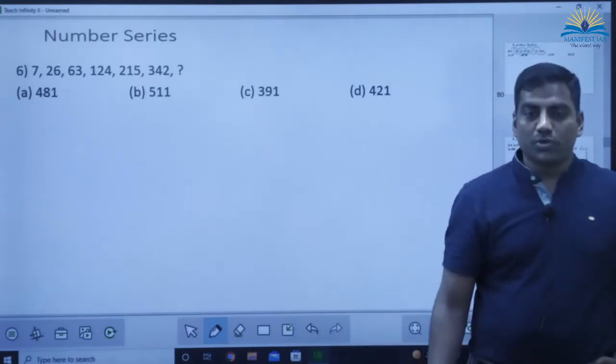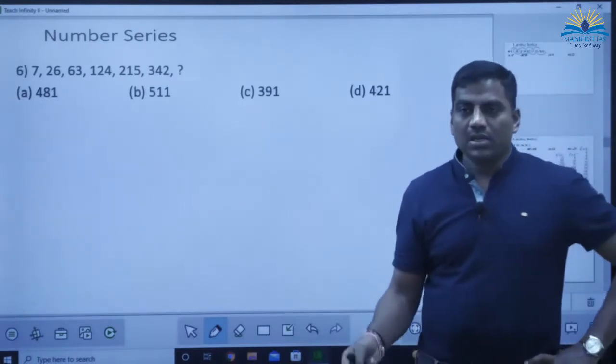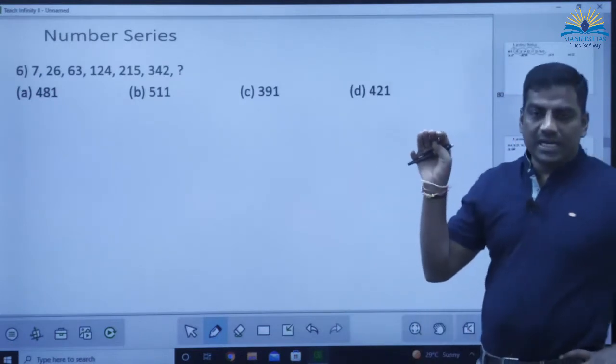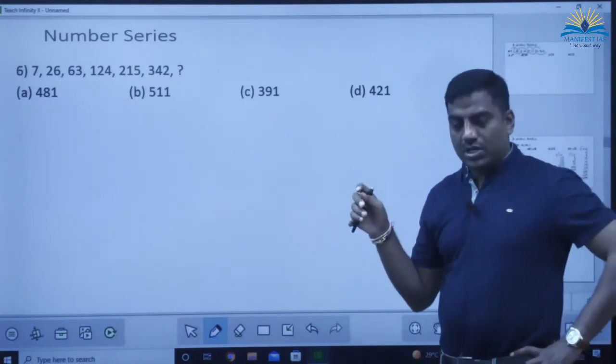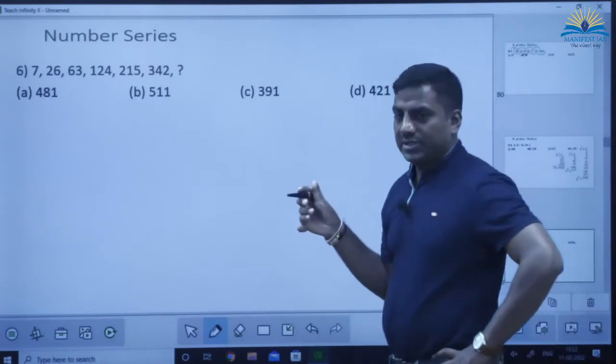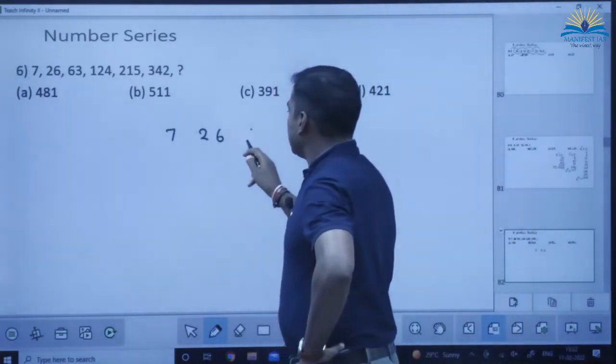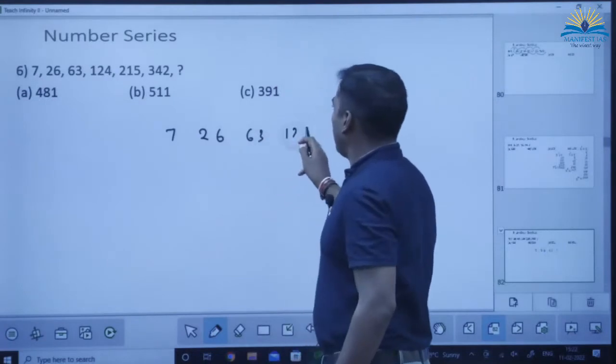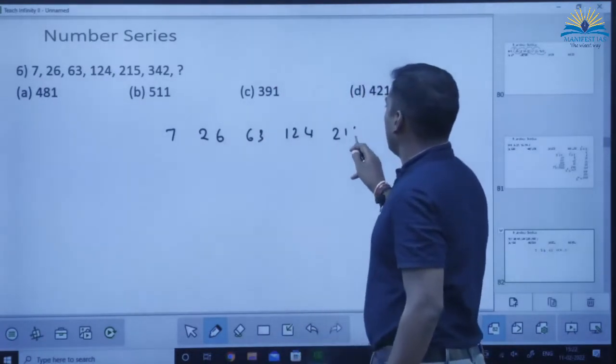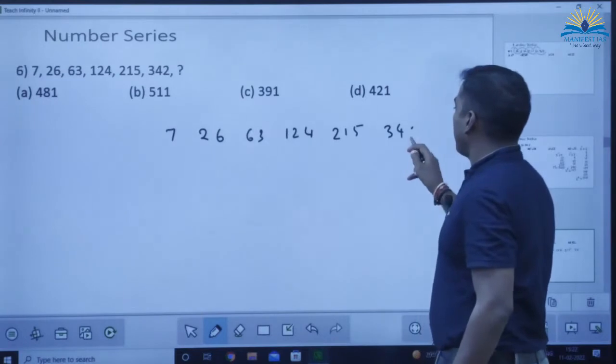Then only we have to proceed. Otherwise, normal, if the numbers are in increasing order, we have to find the difference between them. 7, 26, 63, 124, 215, 342.